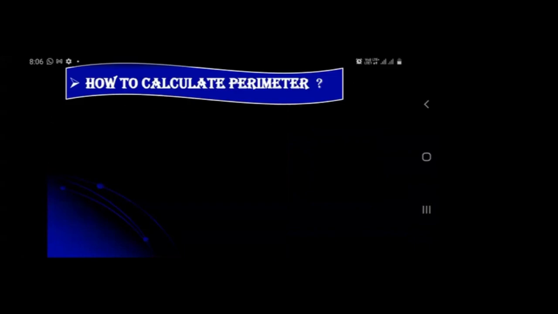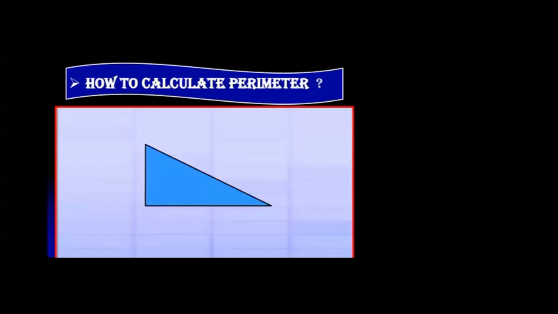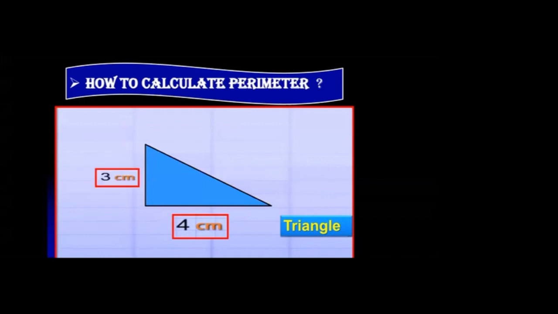Now let's see how to calculate perimeter. Just now, children, we have seen the example of the handkerchief where we have added all the lengths so that we can get the exact measurement of lace from a shop. See, this is a triangle where one side is 4 centimeter, another side is 3 centimeter, and the third side is 5 centimeter.